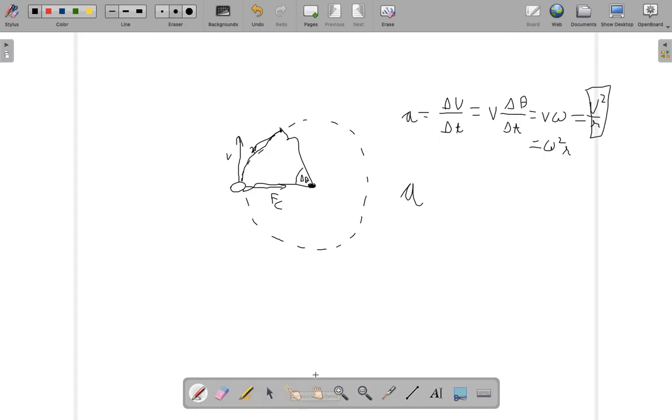Now let's try to show how acceleration equals 4 pi squared r over time period squared. So using this equation, we already know that acceleration equals velocity squared over radius.